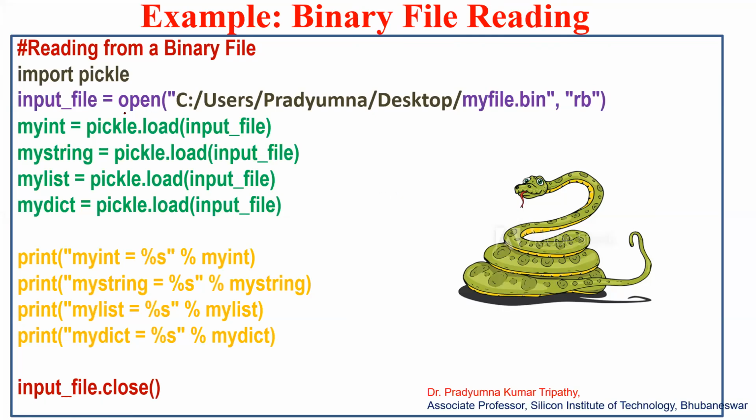The file is opened. What is my file name? The file name is myfile.bin, and this file is opened in read mode. B stands for binary. The file already exists, so I want to open it in binary mode. Correct?